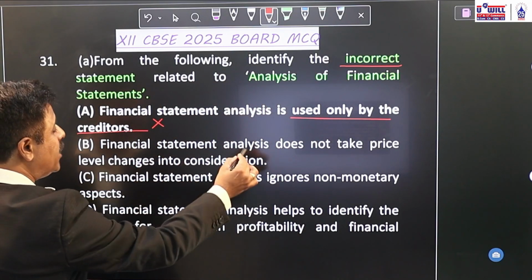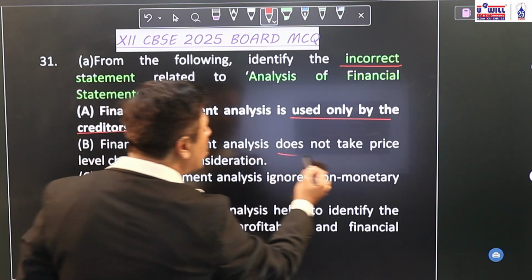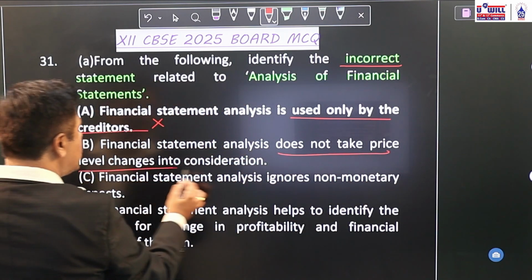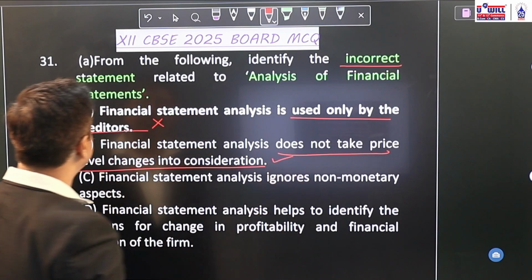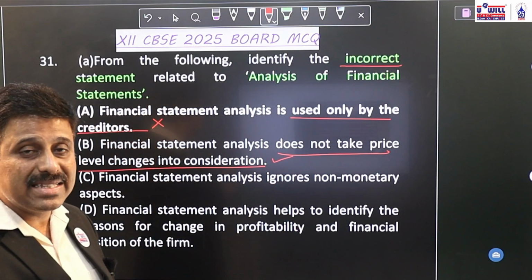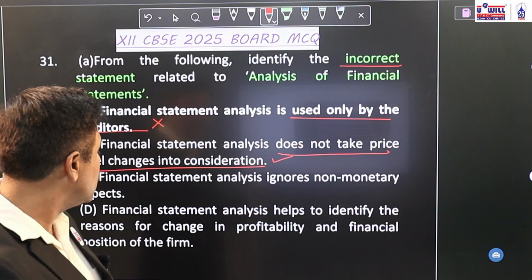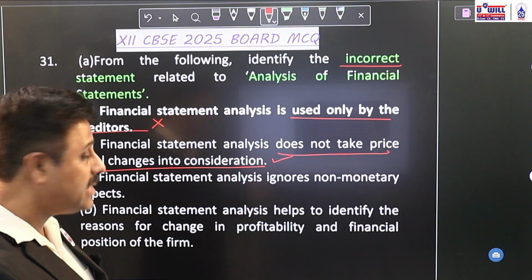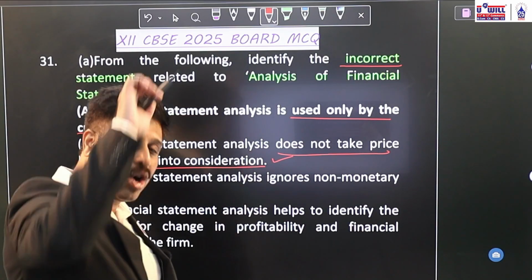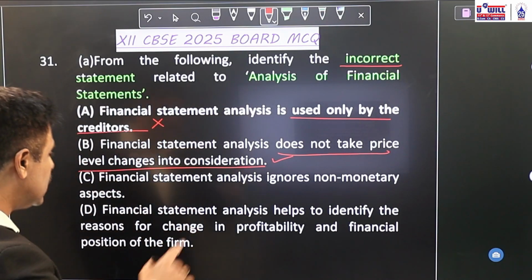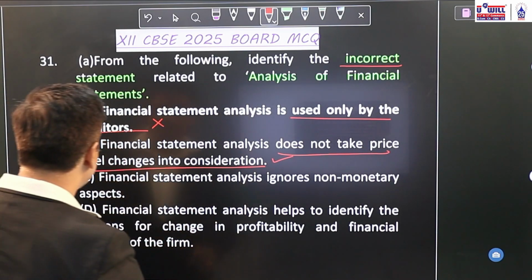Financial statement analysis does not take price level changes into consideration. Yes, it does not, because we take all the assets in financial statements at cost less depreciation, so it does not take inflation into consideration.